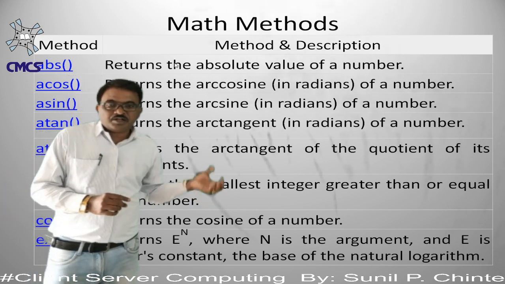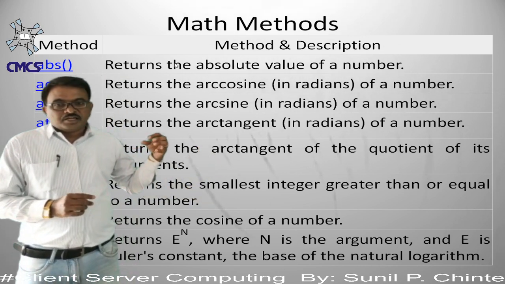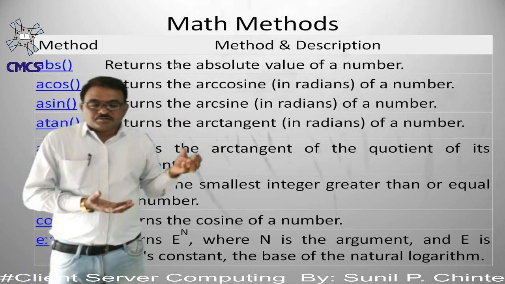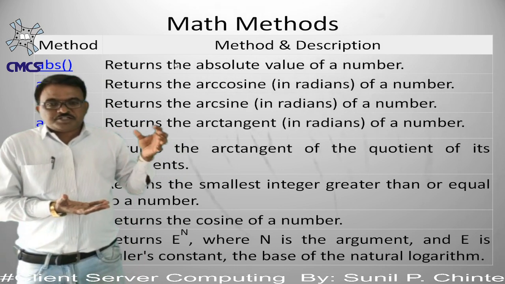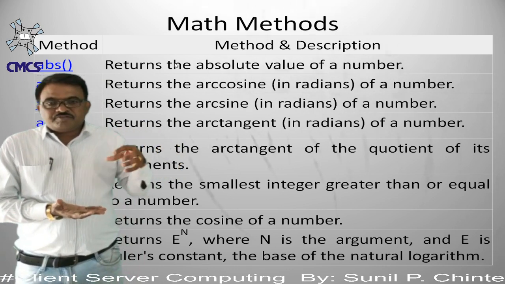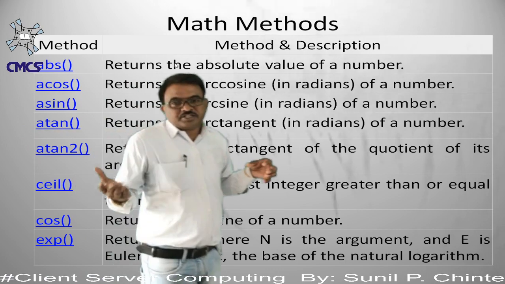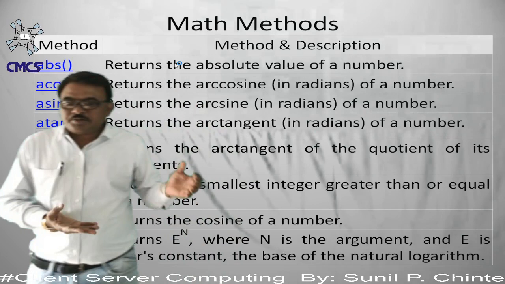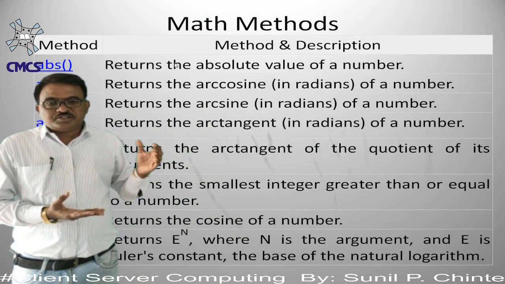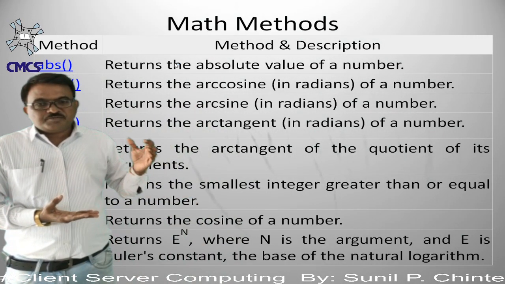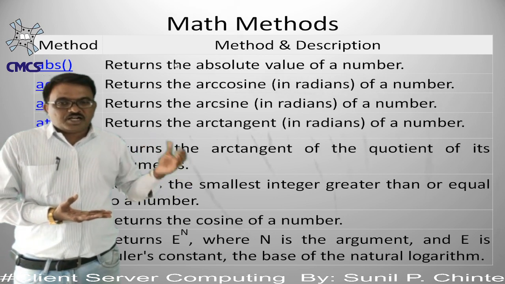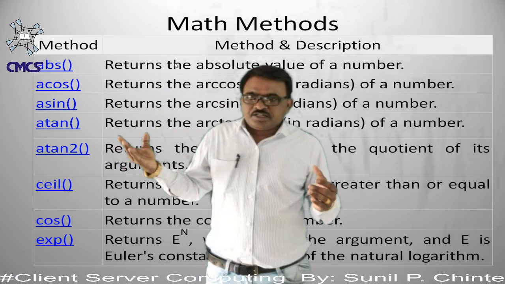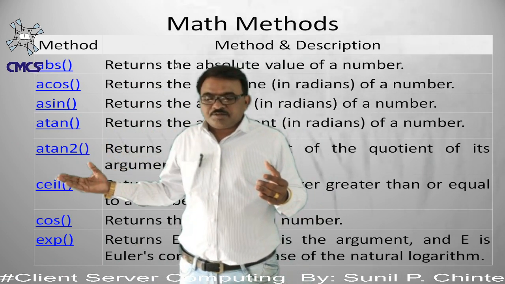Similarly, if you want to return the arc cosine value of a number, at that time we can use acos. Similarly, if you want the arc sine value, we use the asin method.